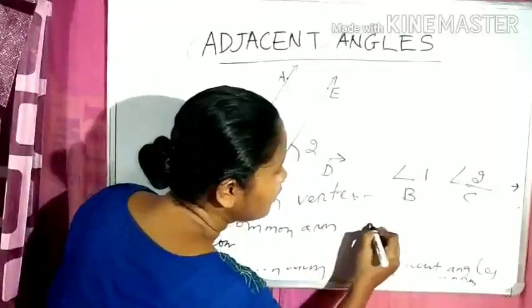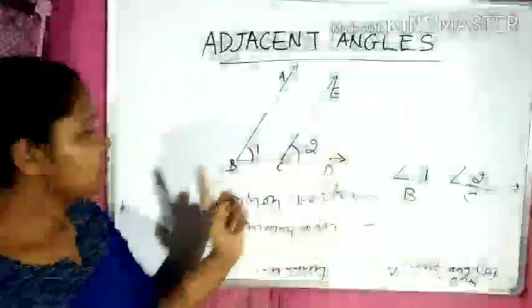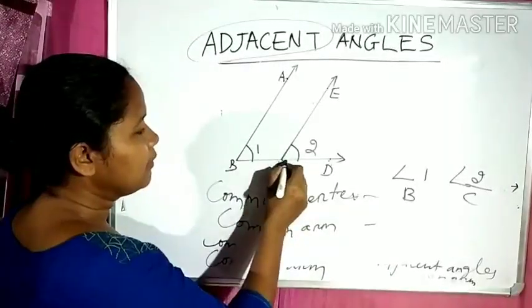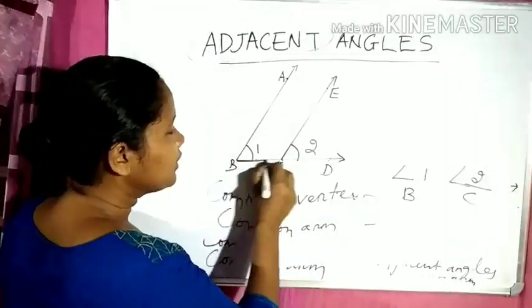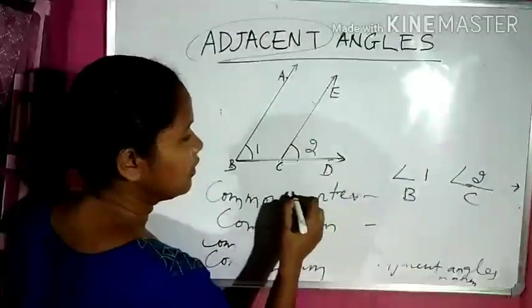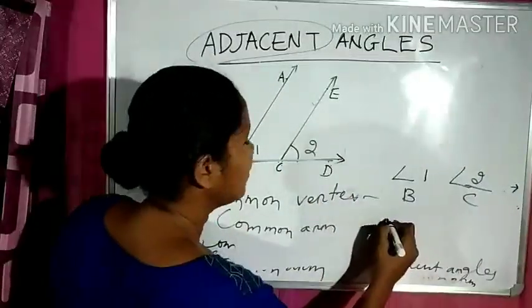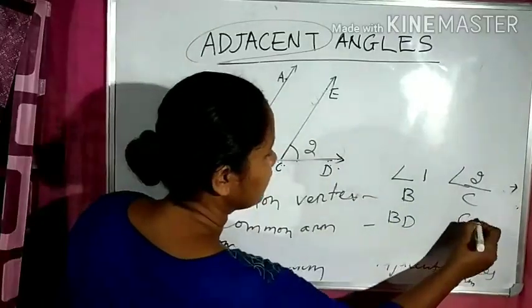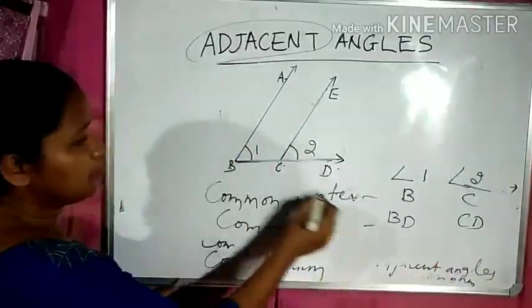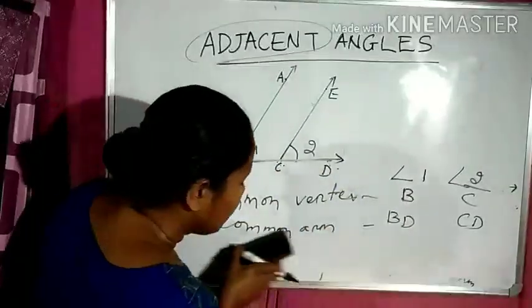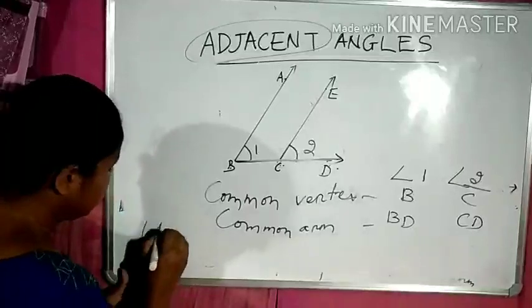Do they have the same arm? They have this arm BD and this arm CD. Next, we'll see the uncommon arms.